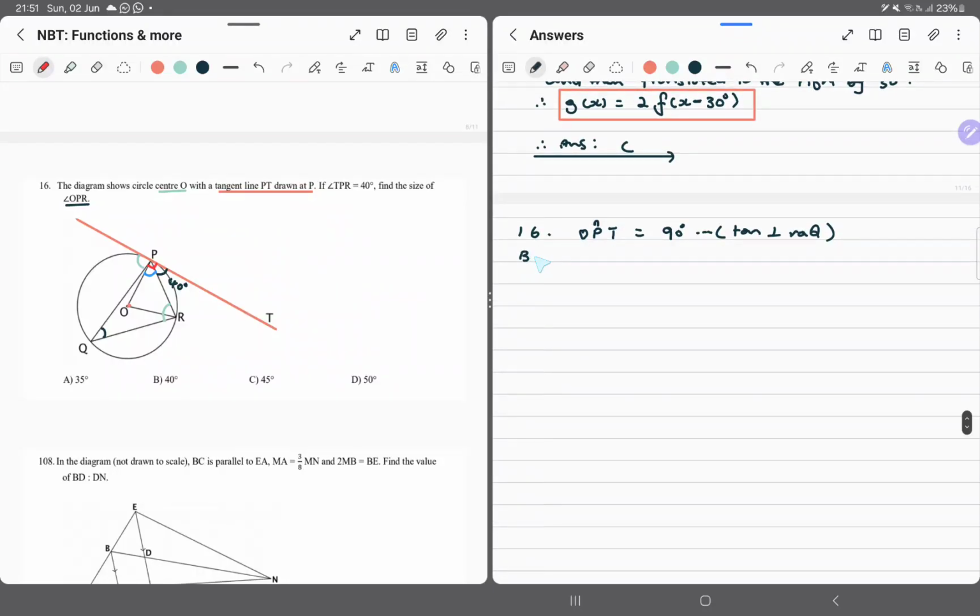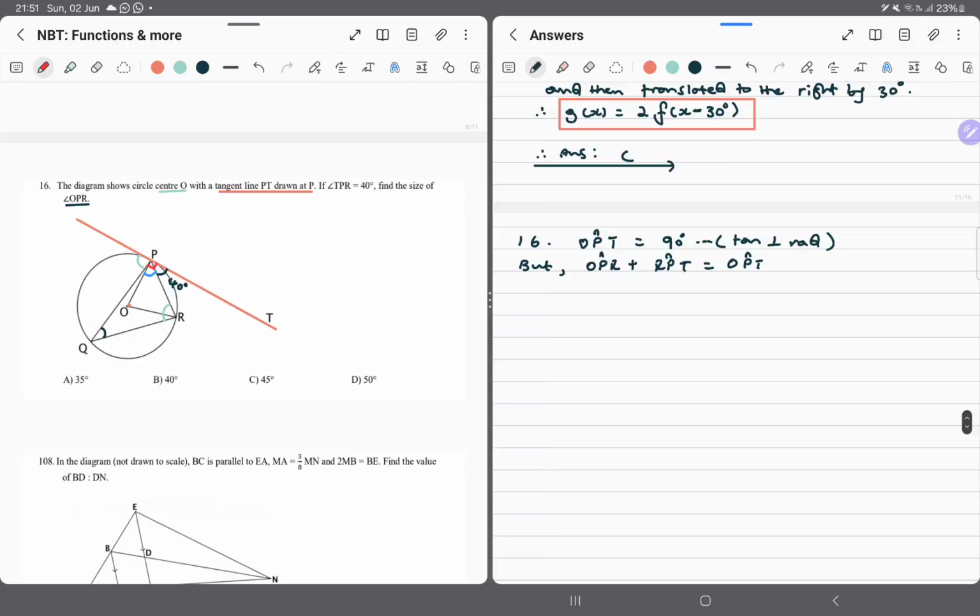What do we know? We know that this angle OPR plus this angle RPT is equal to angle OPT. That's just evident on the diagram. We don't need to justify this.